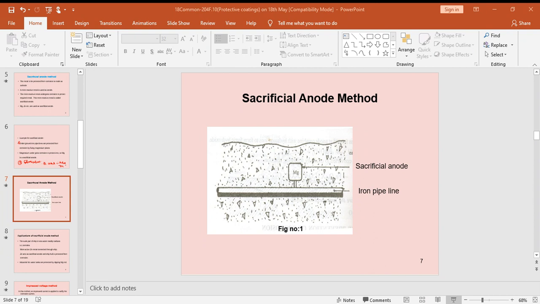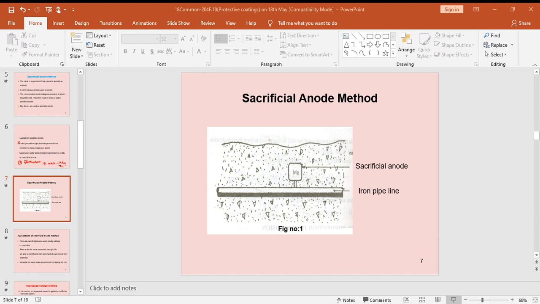Note this sacrificial anode is sacrificing itself, going to corrosion to protect the iron pipeline. So that's why it is called the sacrificial anode method. Right? Anode means it is losing electrons.